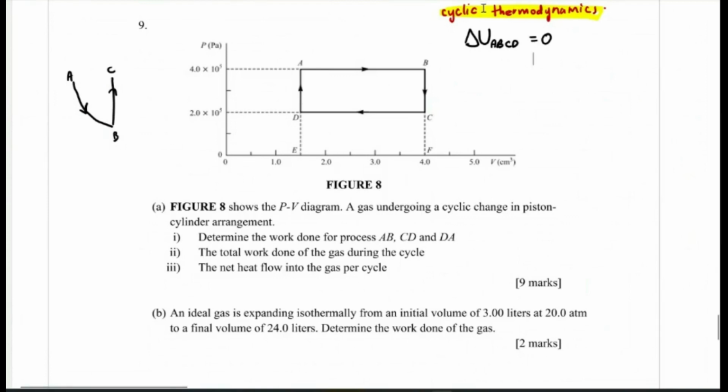Selain itu, kita revise balik. Antara proses isothermal, isobaric, isochoric, proses yang mana yang delta U dia kosong? Ingat tak? Kalau saya ada satu proses A to B, lepas tu saya kata delta U, internal energy untuk proses A, B ni kosong.